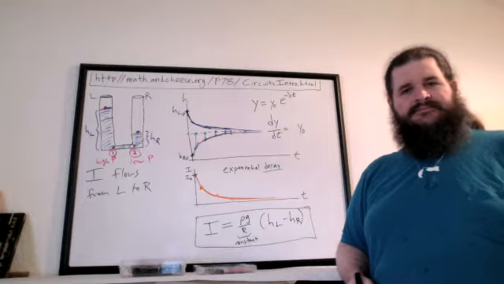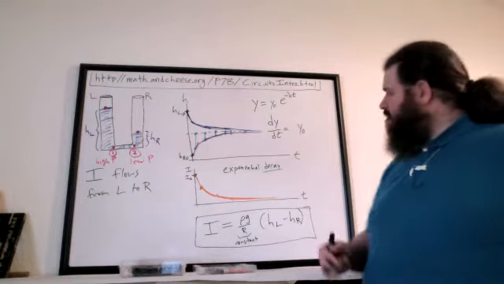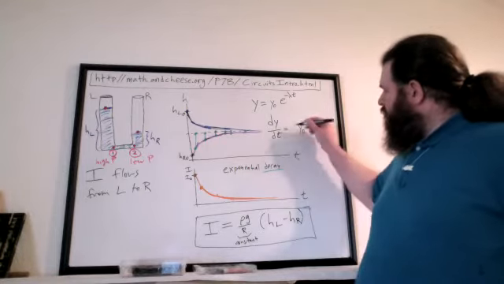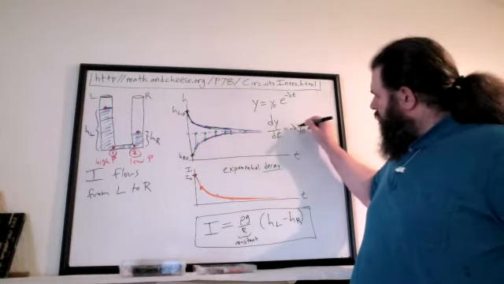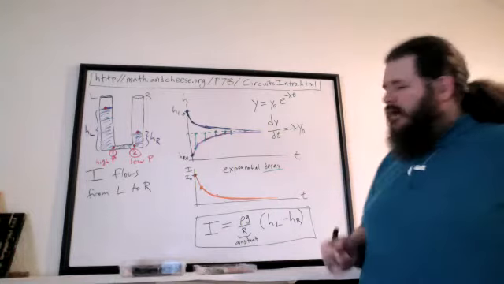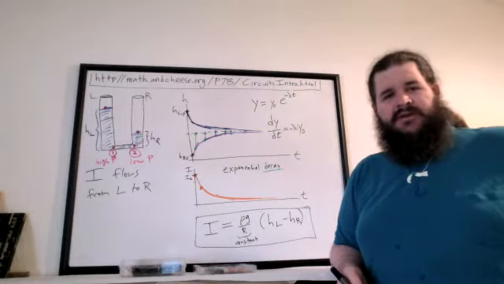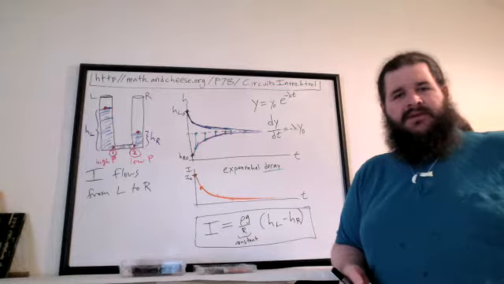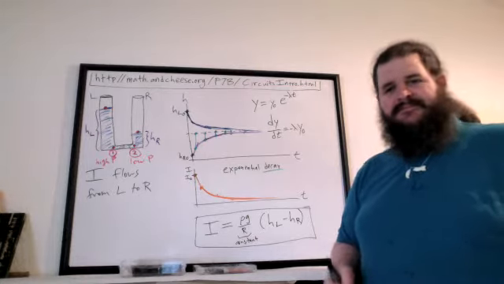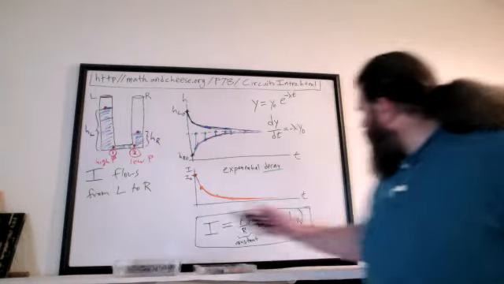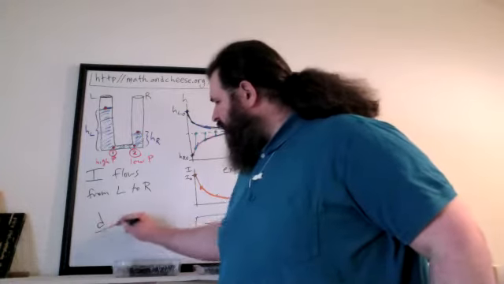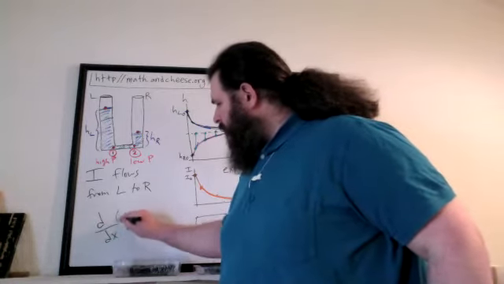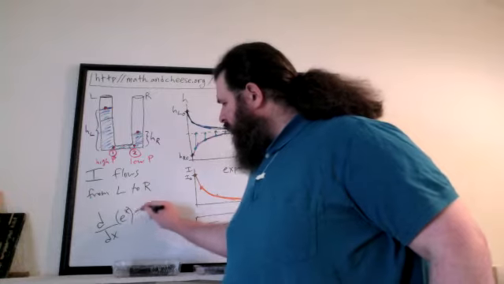The exponential function, when you take the derivative, what happens to it? In general, the most important property of the exponential function is that when you take the derivative of it, you just get itself.